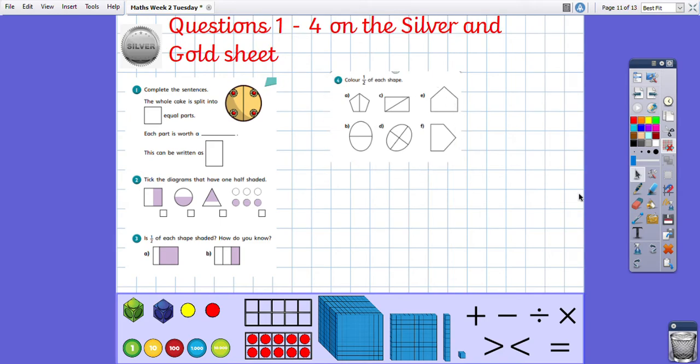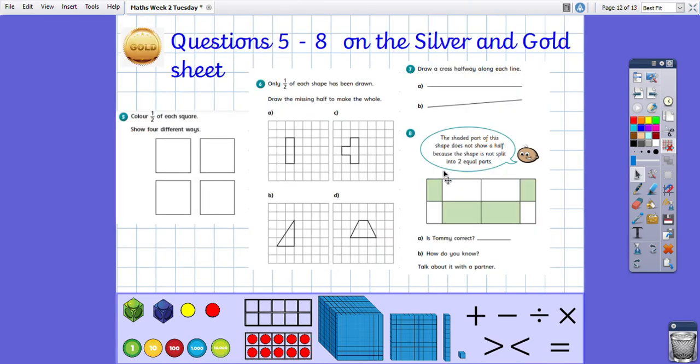Question 4, okay? Gold, you are doing 5 to 8. So you've got to colour half of these squares, but I want each square to look different. Question 6 is just like what I've done, drawing half of my shape.